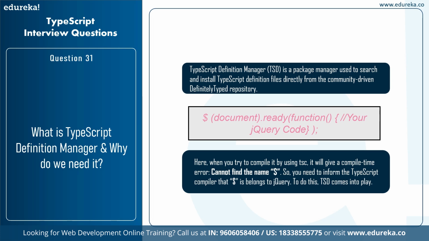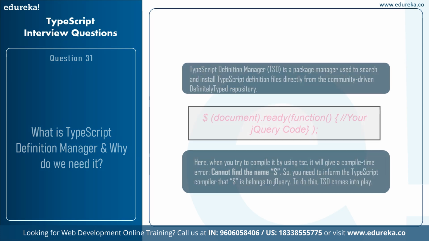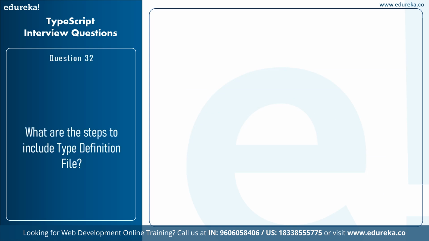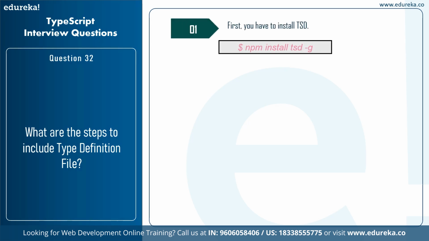Now that you've understood how it works, moving on to the next question, what are the steps to include the type definition file? Now there are various steps involved in this process of including the type definition file. So first of all, you have to install the TSD. Now for this, you can use the command $npm install tsd -g.